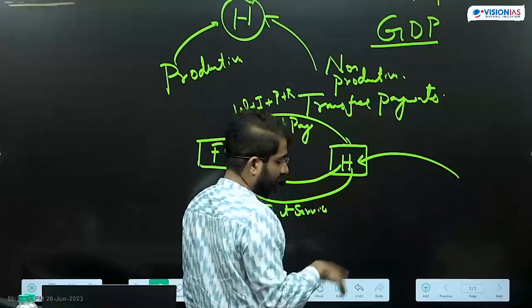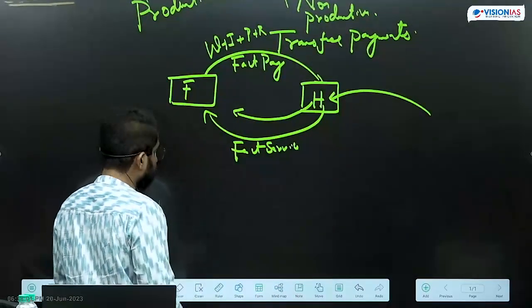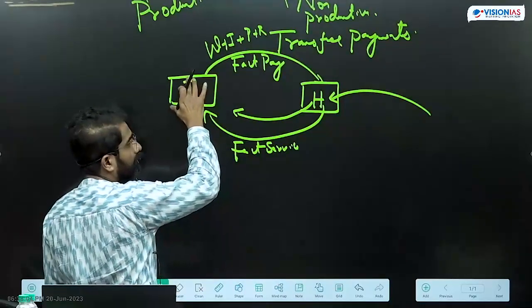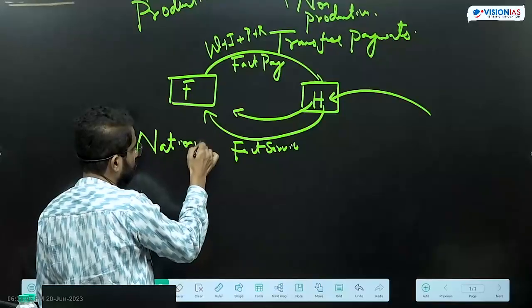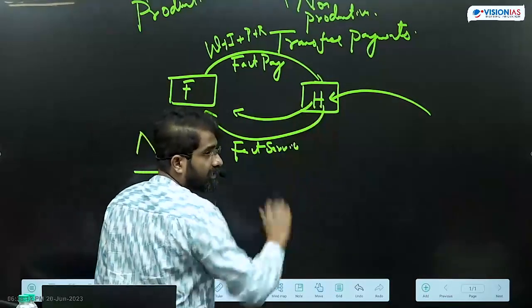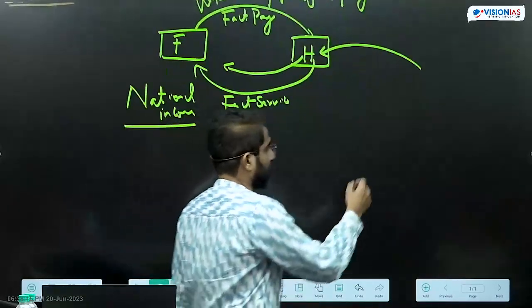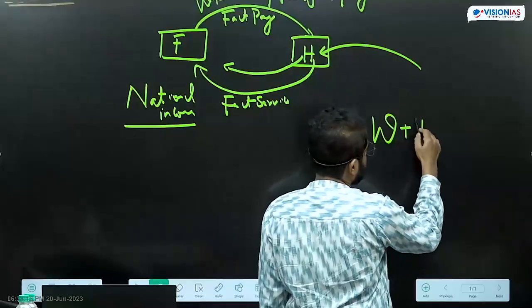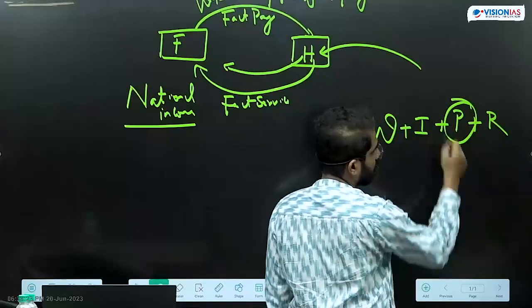This is the first thing. The second important aspect is that there are some things which are part of the national income, but they do not become part of the personal income. For example, when I say the factor payments, what is this P?